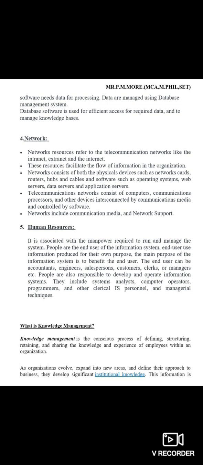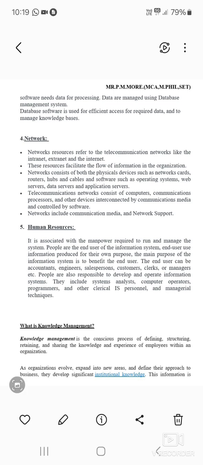The end user can be accountants, engineers, salespersons, customers, clerks, or manager, etc. People are also responsible to develop and operate information system. They include system analysts, computer operators, programmers, and other clerical information system personnel and managerial techniques.